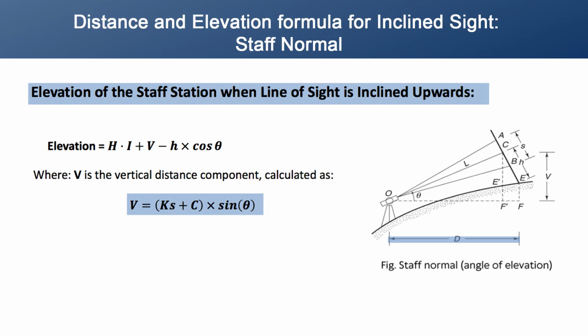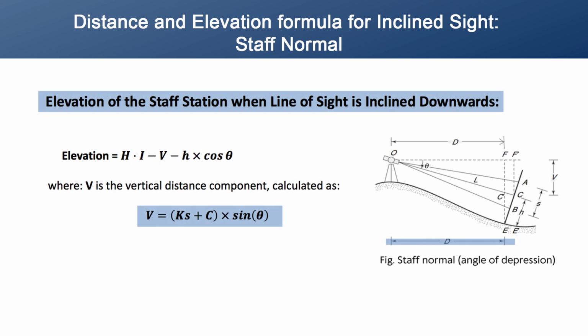The elevation of the staff station when the line of sight is inclined upward is given as elevation is height of the instrument plus V minus h cos theta, where V is a vertical distance component calculated previously as V is equal to (Ks plus C) into sin theta.